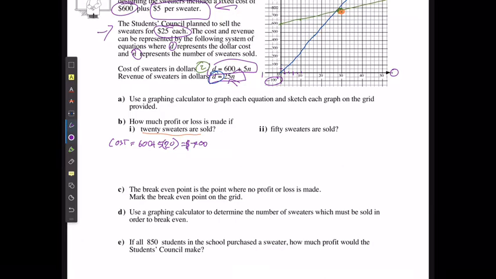I can say that the revenue, the amount of money I'm bringing in, is going to equal 25 times 20, or $500.